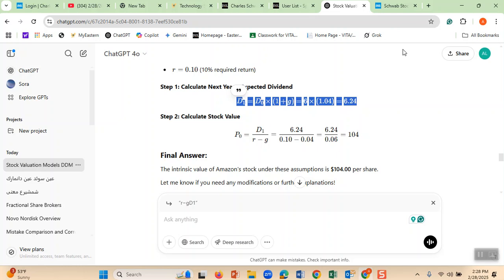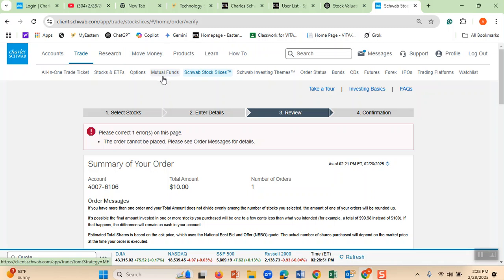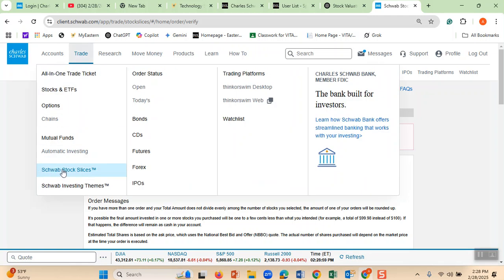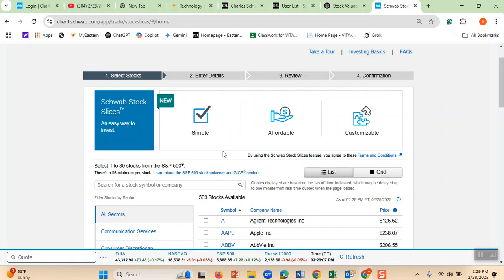I helped him. What the student did is he went to Schwab, and then he clicked on trade, and then he clicked on Schwab Stock Slices. When he clicked there, he looked for the stocks of Amazon.